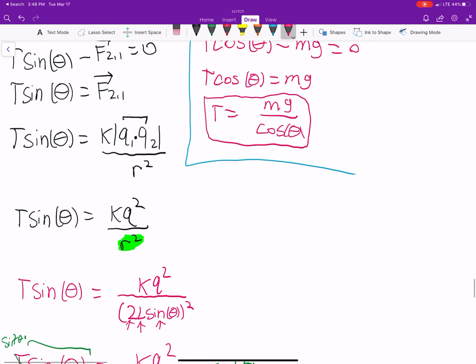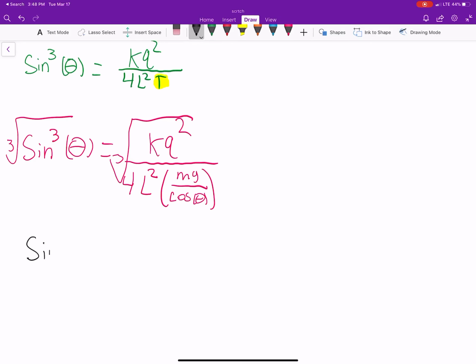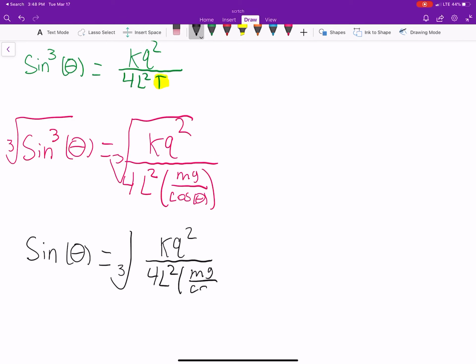Or if we were to cube root both sides, we get sine of theta equals k q squared all divided by 4L squared times mg over cosine theta.